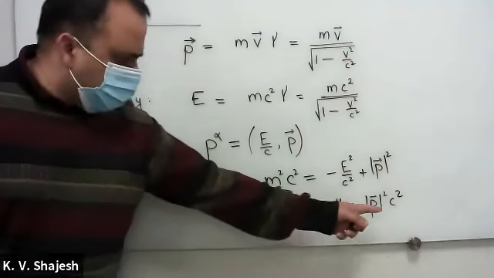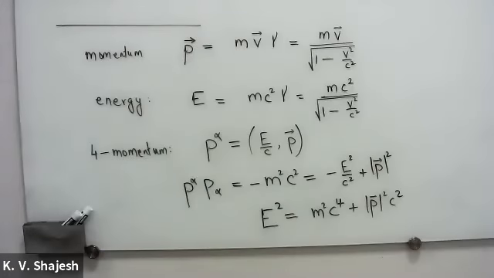So there is a constraint between energy and momentum, that the difference in the square of the energy and the square of the momentum, with the dimensions taken care of by the speed of light, has to be equal to the mass squared of the particle.